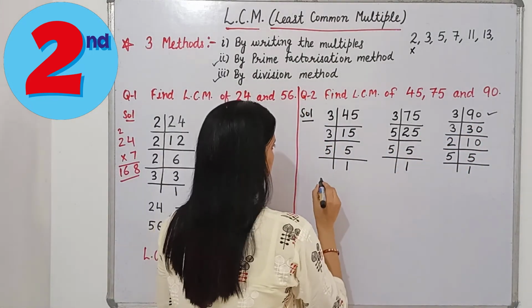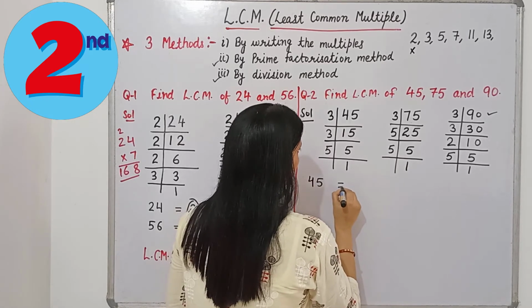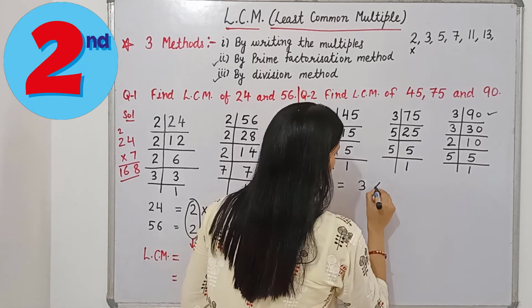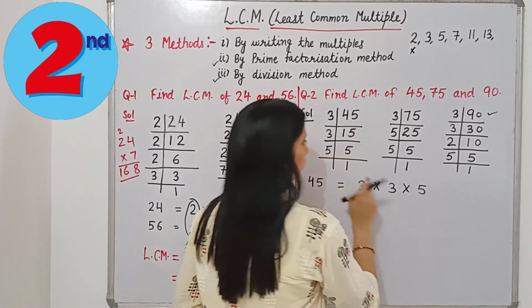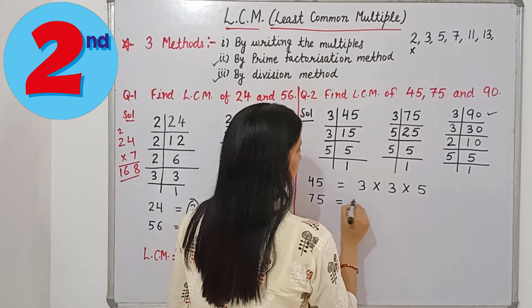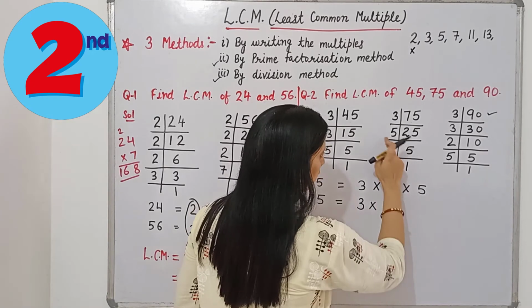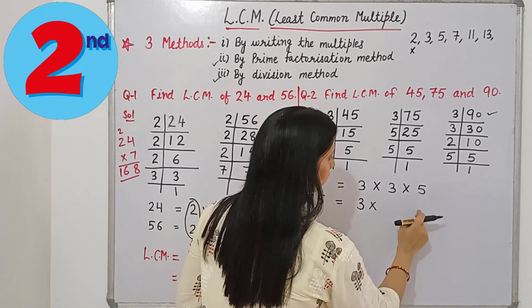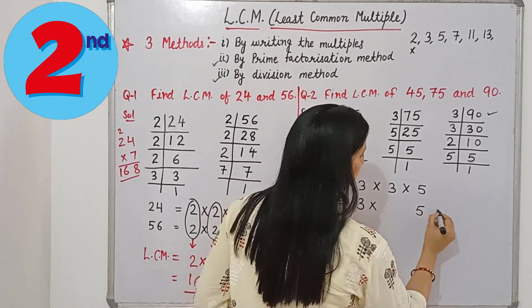So let's write the prime factors of 45. These are 3 multiplied by 3 multiplied by 5. Now we will write the prime factors of 75. These are 3 multiplied by 5 multiplied by 5, so 5 we will write under this.